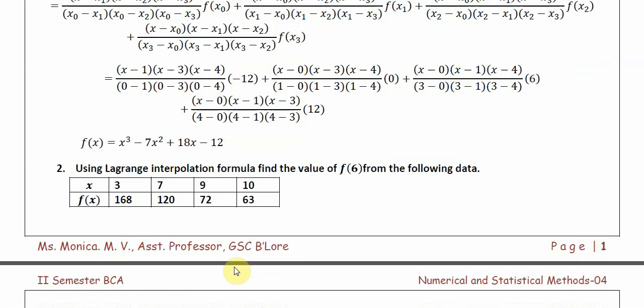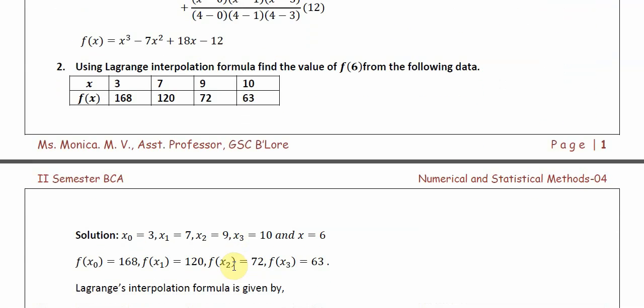Similarly, the second problem. Using Lagrange's interpolation formula, find the value of f of 6 from the following data. Here the polynomial is not asked. The question asked is the value of the function at a particular point. Therefore, instead of keeping x as itself, we shall have to substitute x as equal to 6.